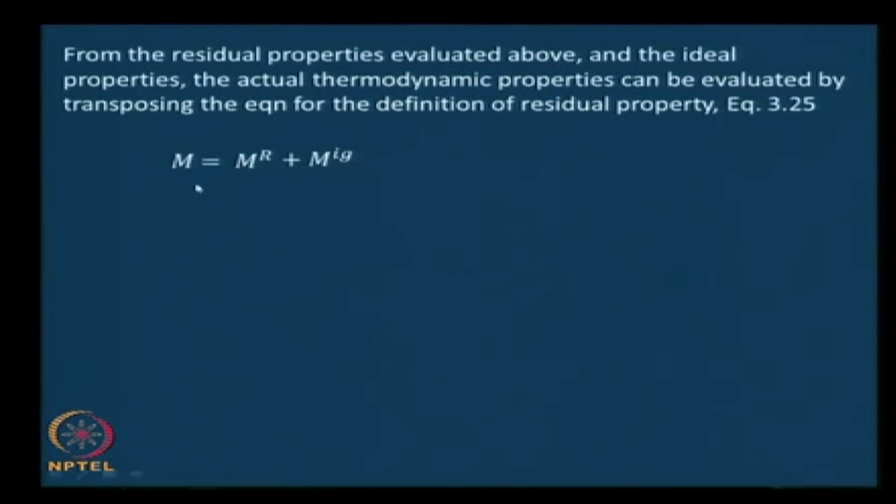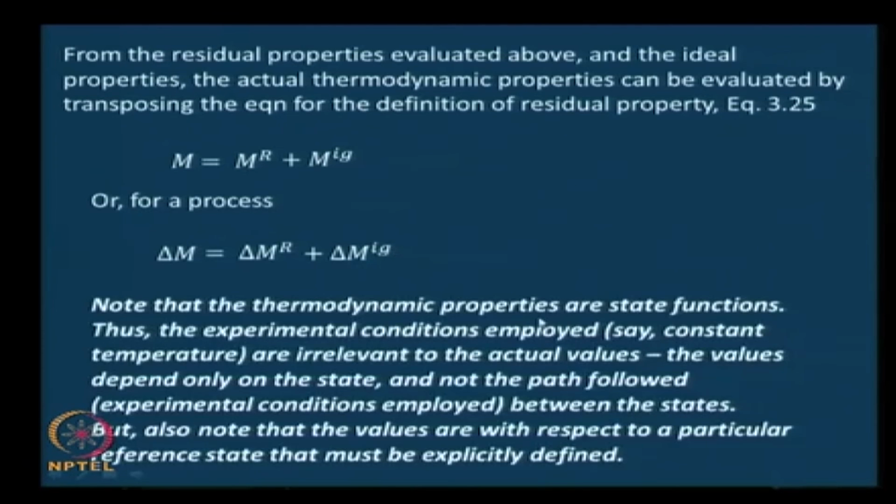the obvious thing. The actual property is nothing but the residual property plus the ideal gas property. For a process between states 1 and 2, delta M or M2 minus M1 is nothing but delta MR plus delta M of an ideal gas, and note that the thermodynamic properties are state functions. This is repeating the earlier argument, but in the context of this process.